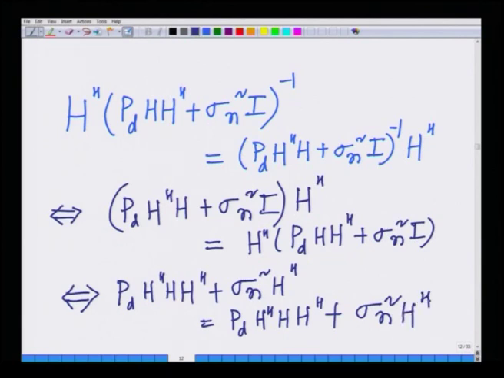You can see these two quantities are clearly equal, one and the same thing, hence the quantities on the top are also equal.